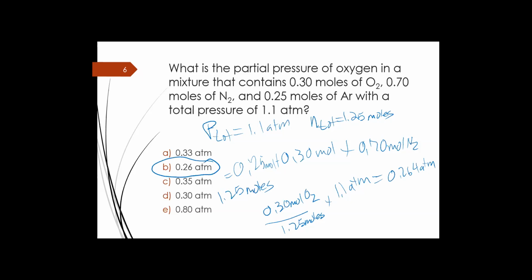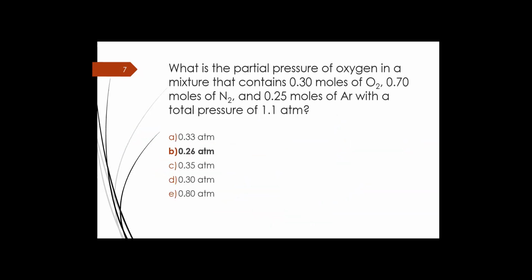So what I did there was I used our mole fraction. I set up how much oxygen we had, so the moles of our oxygen, divided by our total moles. And that gave me that fraction, how much of that total pressure was coming from our oxygen, to get our partial pressure. And so those things can be kind of moved in between each other as you're going through that.